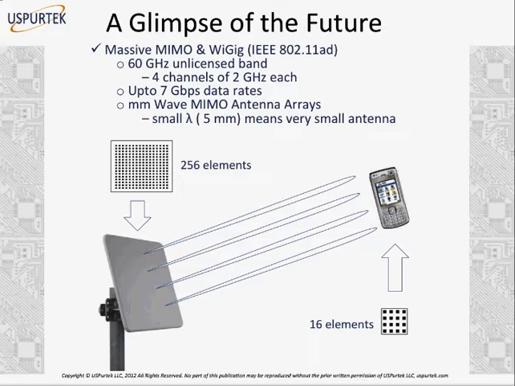In addition to this, you could also have base stations in smaller form factor, such as the size of a pizza box, that could pack 256 or more antenna elements. Just think about what all new applications could come out of all this by having massive MIMO.